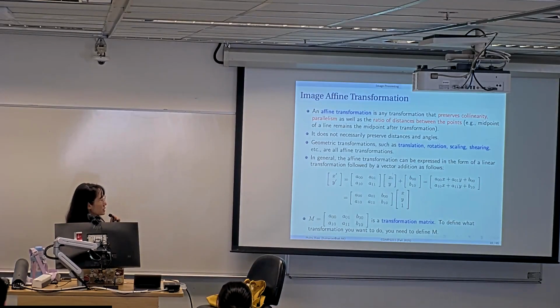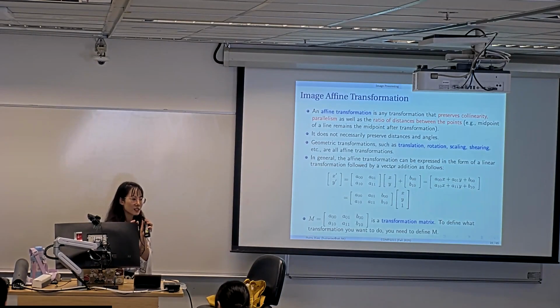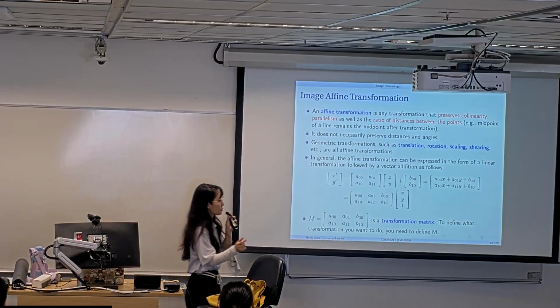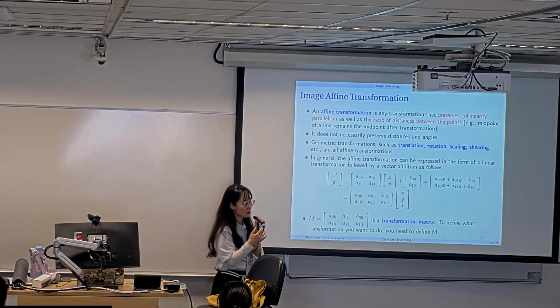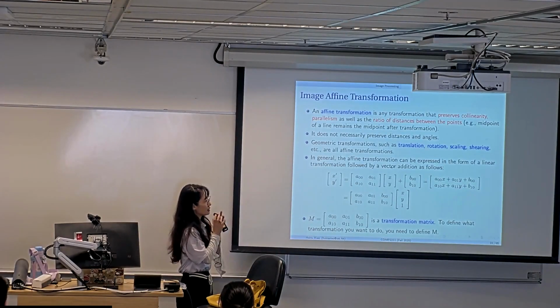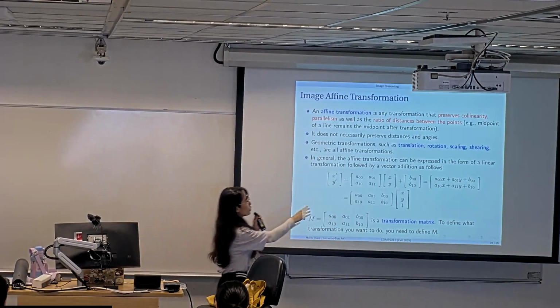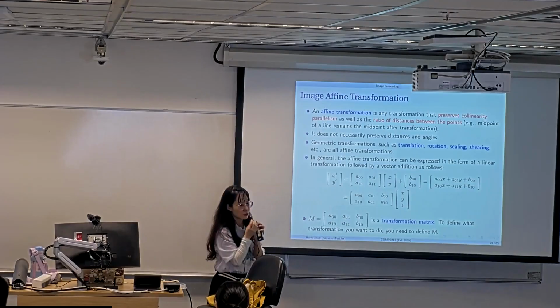If we want to apply some affine transformation, we want to change a pixel into some new coordinate, and suppose the new coordinate is x prime, y prime. Then the relation between the new coordinate and the old coordinate should follow such a mathematical formula.